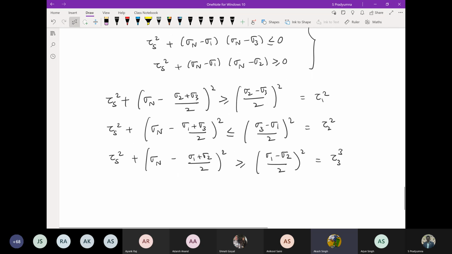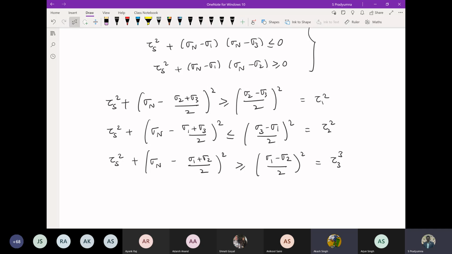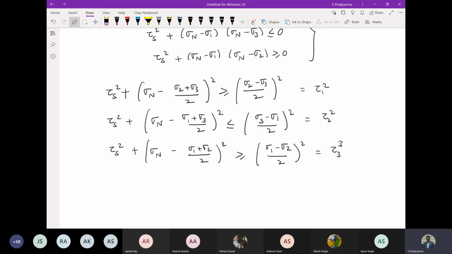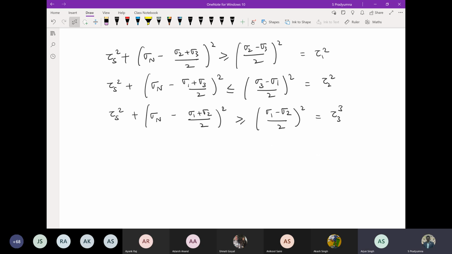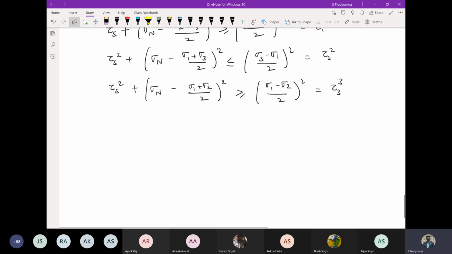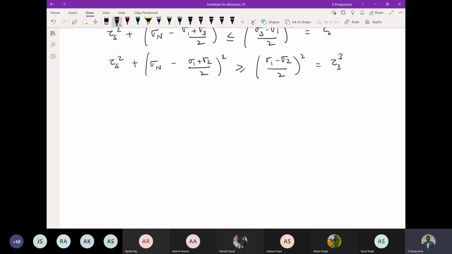Center, radius. We are writing the center and radius of 3 different circles, correct? Yes, sir. So yes, I can represent the principal stresses using the circles with radius and center as given in these expressions. So let me write that circle.